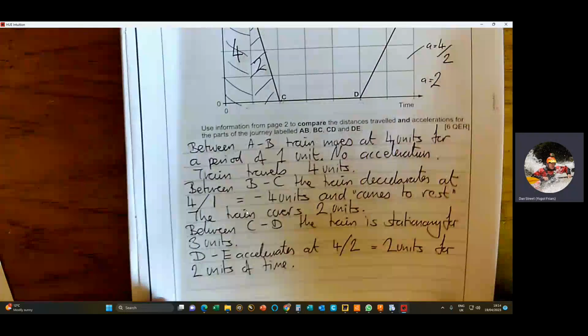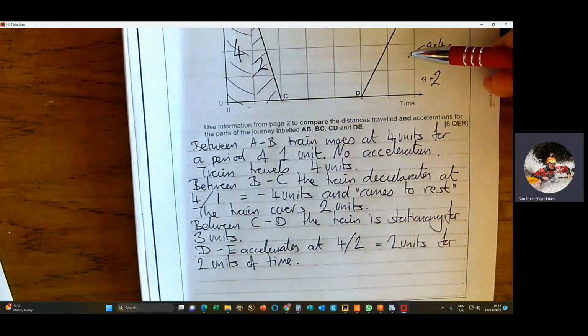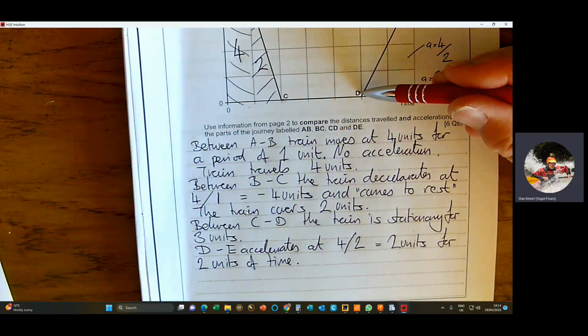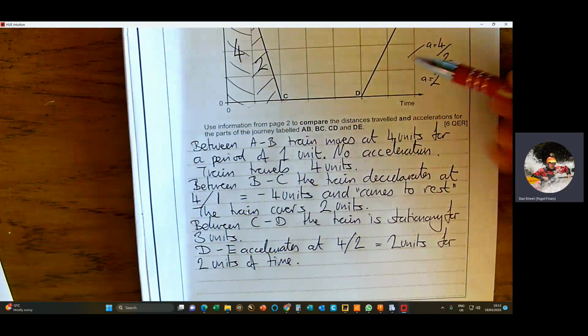And then the distance travelled, again, we can apply the half base times height formula. This time it's a wider triangle. No, I'm talking rubbish here. So the base is 2, the height is 4, that's 8, divided by 2 is 4.